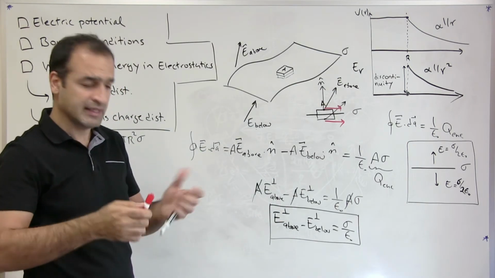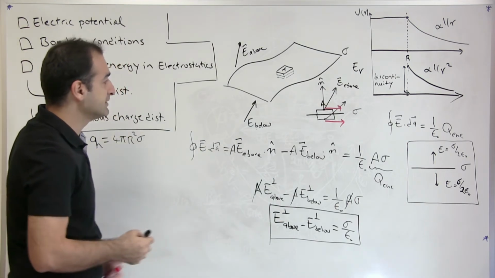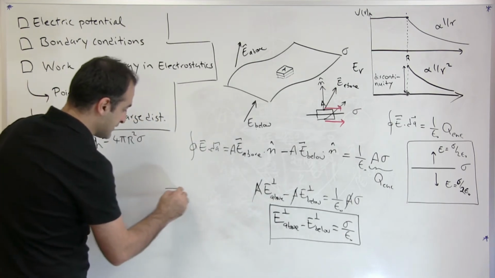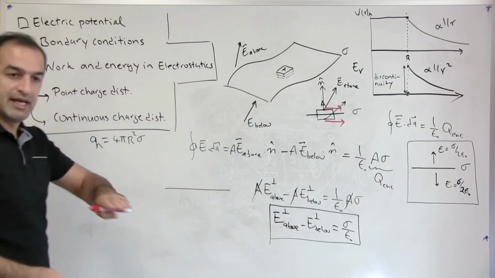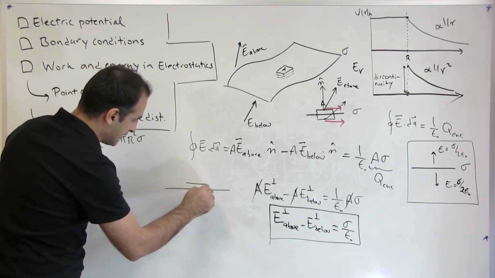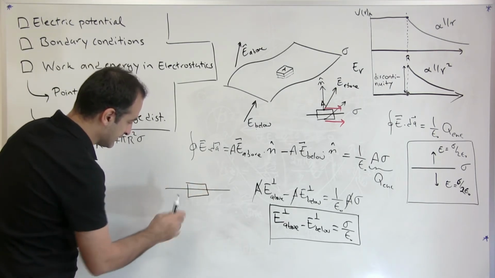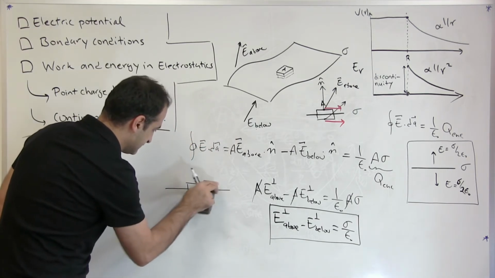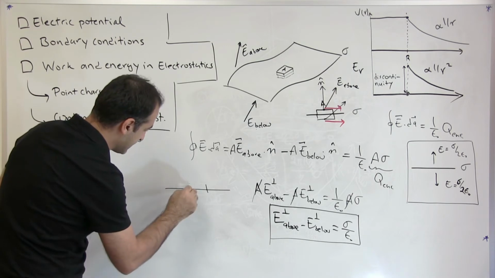There's also a way to show that. Looking at the surface, imagine this is the cross section. I choose a path like this. It's not a box, it's only a path.